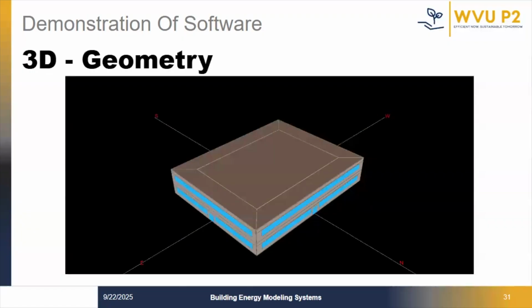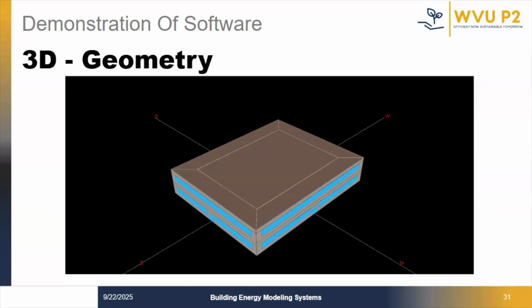This slide highlights a critical step in the energy modeling process, which is developing a three-dimensional geometry of the building. Using software like eQuest, we create a digital representation of a physical structure, defining its shape, orientation, floor plan, and surrounding context.